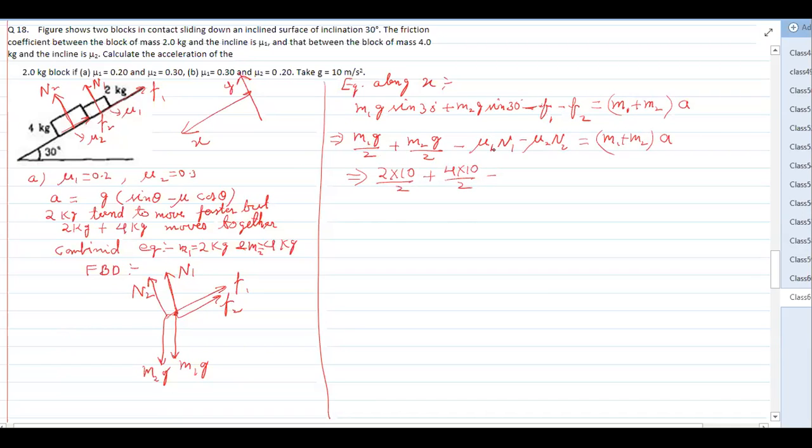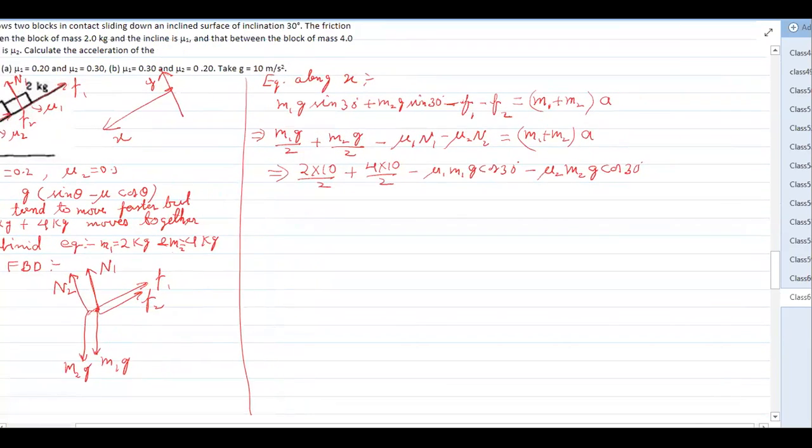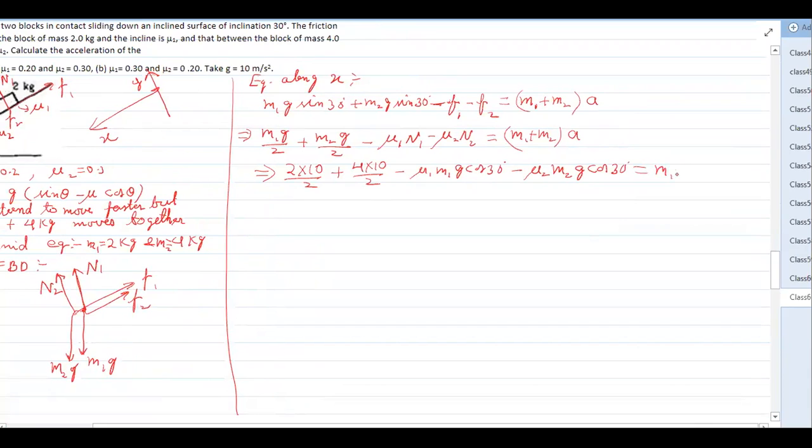The normal is mg cos 30 on the incline. So mu1 M1g cos 30 degrees, mu2 M2g cos 30, and then (M1 plus M2) A.